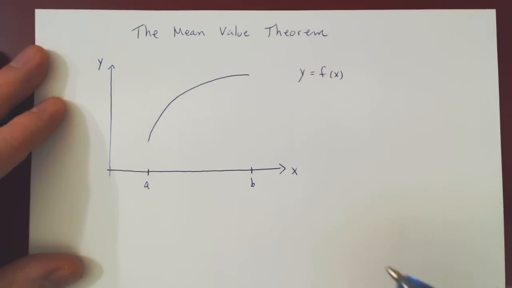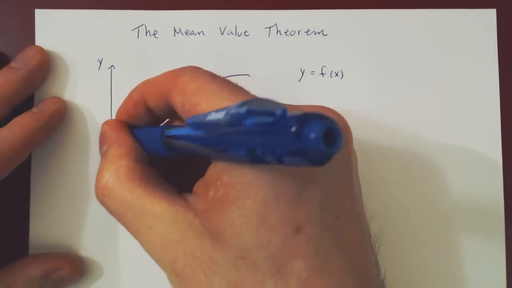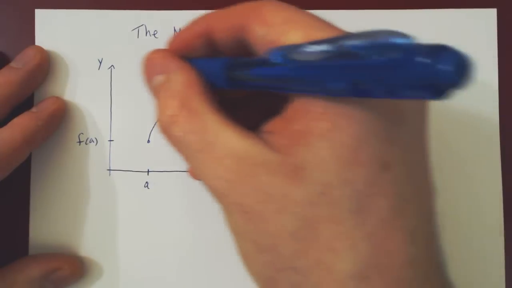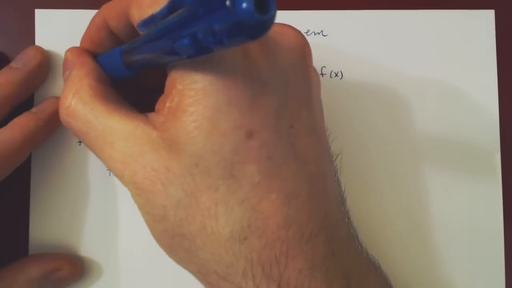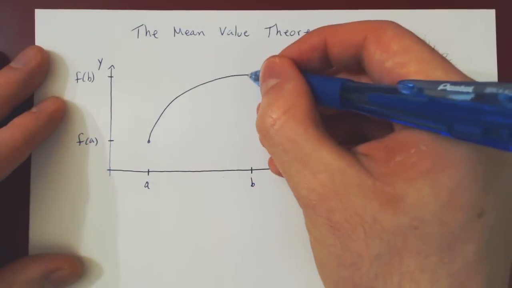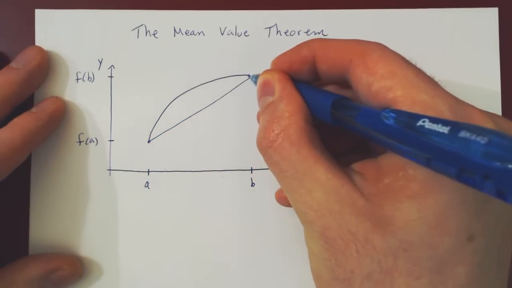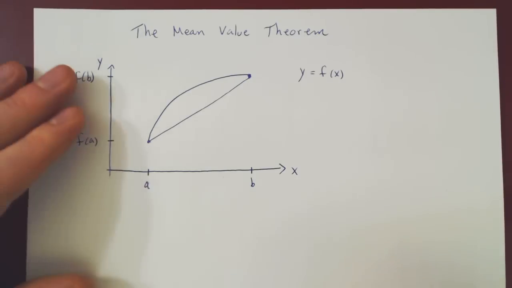Then we consider the idea of connecting the point (a, f of a) and the point (b, f of b) to form a line segment. And you can ask naturally, what is the slope of this line segment?